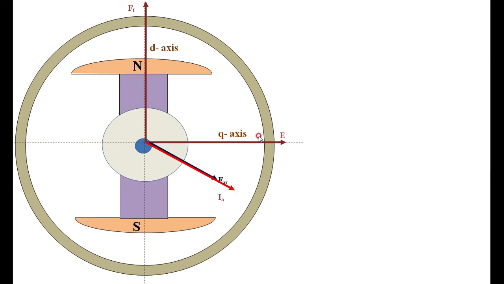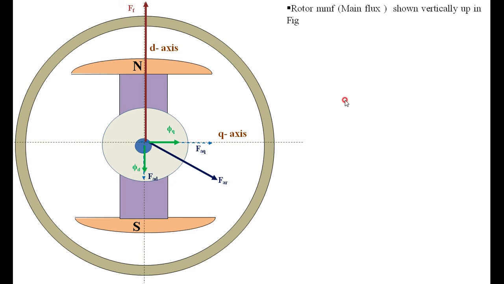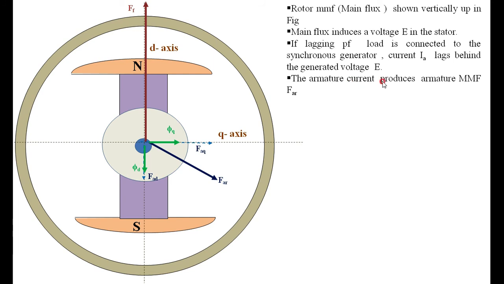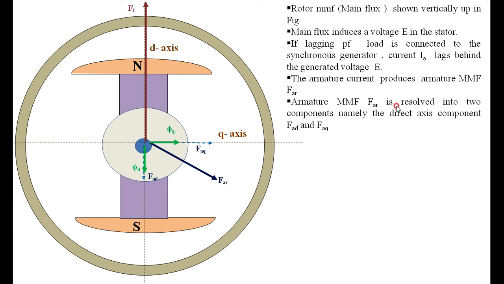Now I am removing E and I for the other factors. Then FAR can be resolved into two components. Because of these two components, two fluxes are produced, phi q and phi d. Then the armature current produces an MMF of FAR. Then the armature MMF FAR is resolved into two components, namely FAD and FAQ.